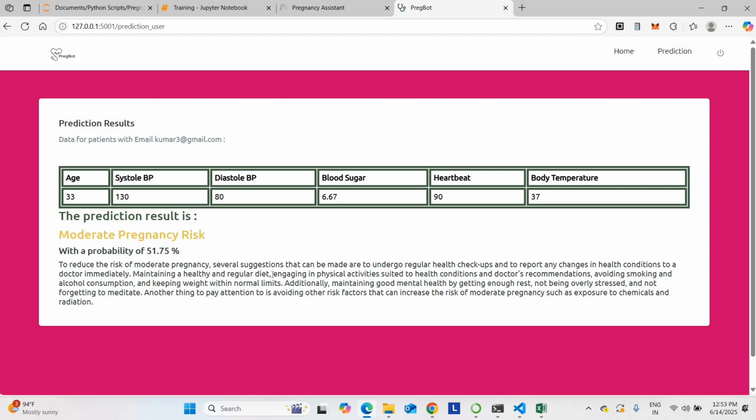You should keep your weight under the limit. You should maintain good mental health to reduce your blood pressure. You should take enough rest and not get overly stressed, to contain your blood pressure. This is the suggestion made.